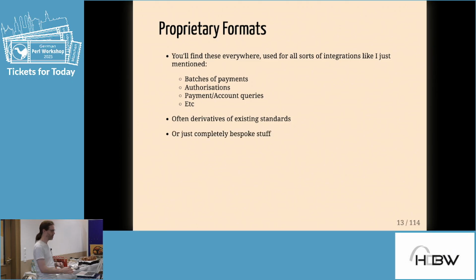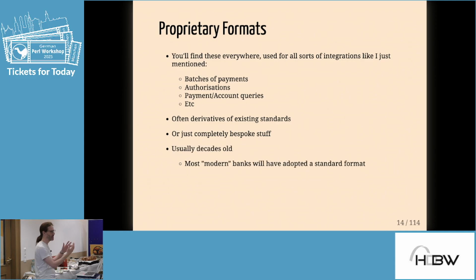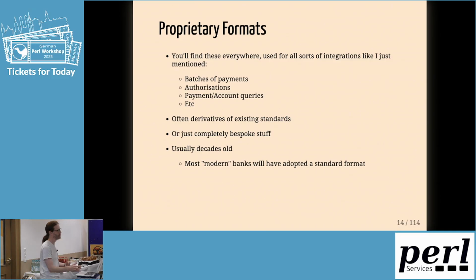Or it's just completely bespoke stuff. And usually this stuff is decades old because they've written their own thing and a standard has come out and they can't really move to that standard because banks tend to move at a glacial pace. Too much risk involved in making changes for that kind of thing that I spoke about on Monday.